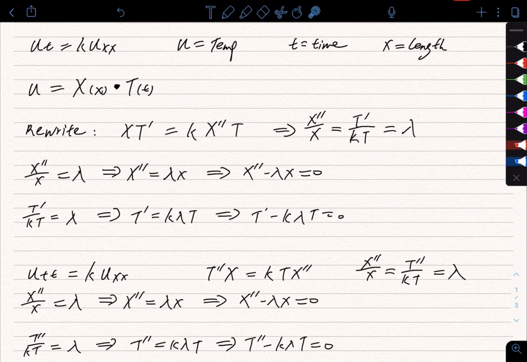Then we do the separation of variables in the hope that we can generate some ordinary differential equations, which are right here. We hope these two will be simple enough for us to generate some parts of the solutions, and then we can combine them into our final solution for our original partial differential equation. So this is the explanation of the concept with a little bit of practice, and I'll see you in the next video.